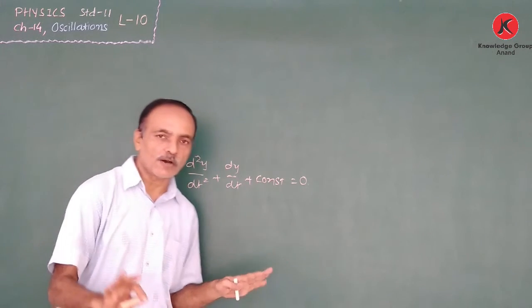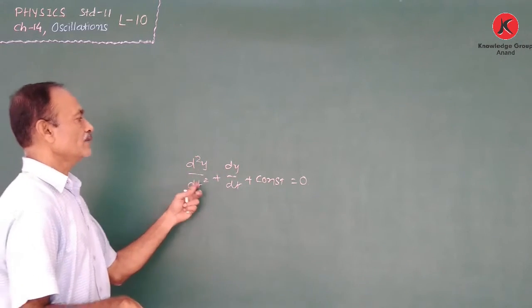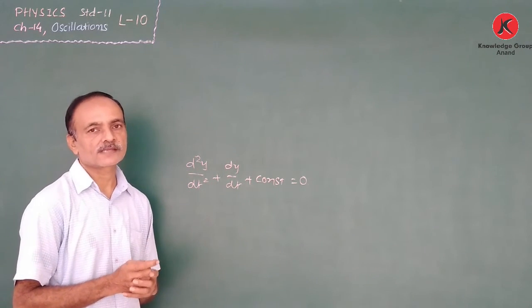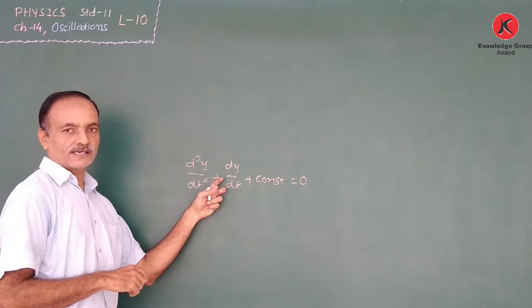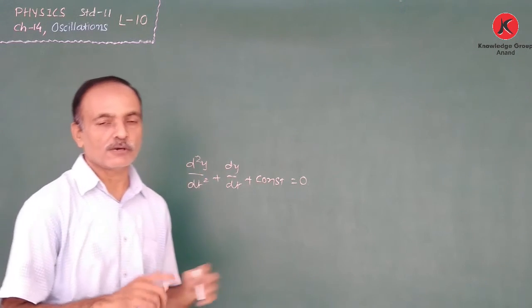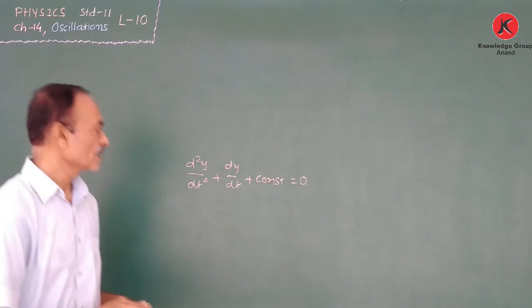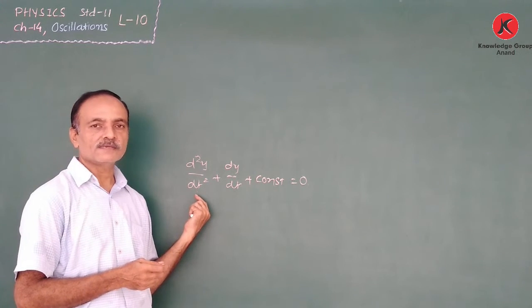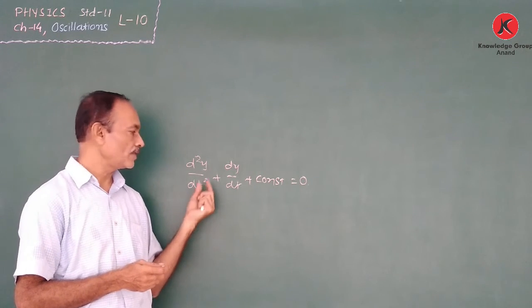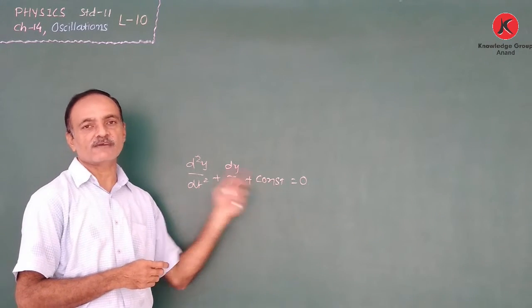Up to the level of 11th and 12th standard, only the second order differential equation is in our syllabus. At college level, you are also going to study third order and fourth order differential equations. Here the first term is the double derivative of the given function, the next term is the single derivative, plus a constant equal to 0.